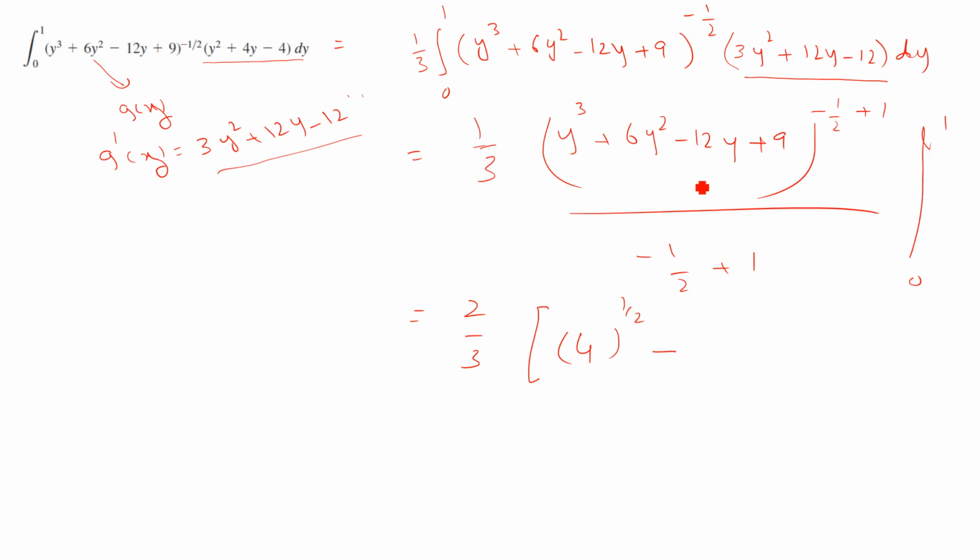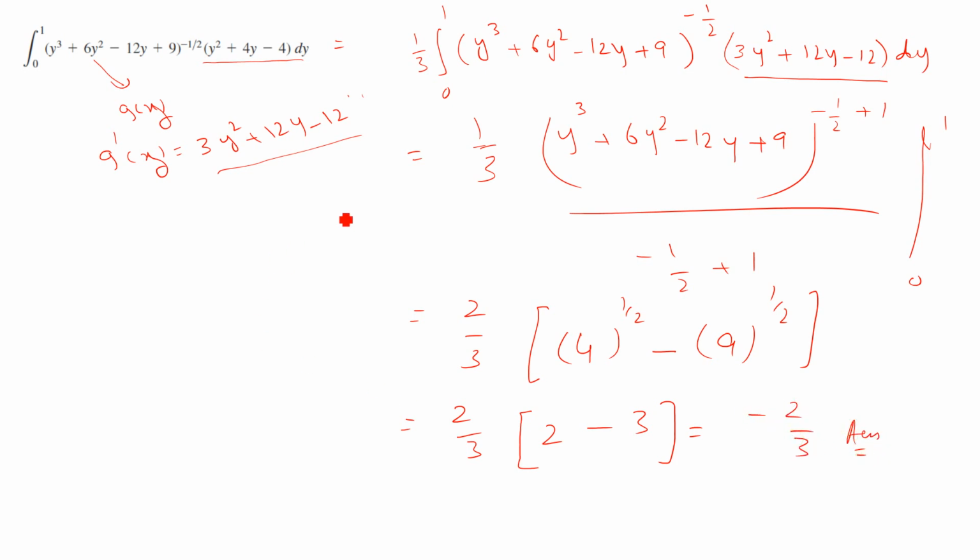Minus, when we plug in 0, all these terms are 0 and we are left with 9, so 9 to the power 1 by 2. So this is equal to 2 by 3 times the square root of 4, which is 2, minus the square root of 9, which is 3. 2 minus 3 is minus 1, so negative 2 by 3 is the answer.